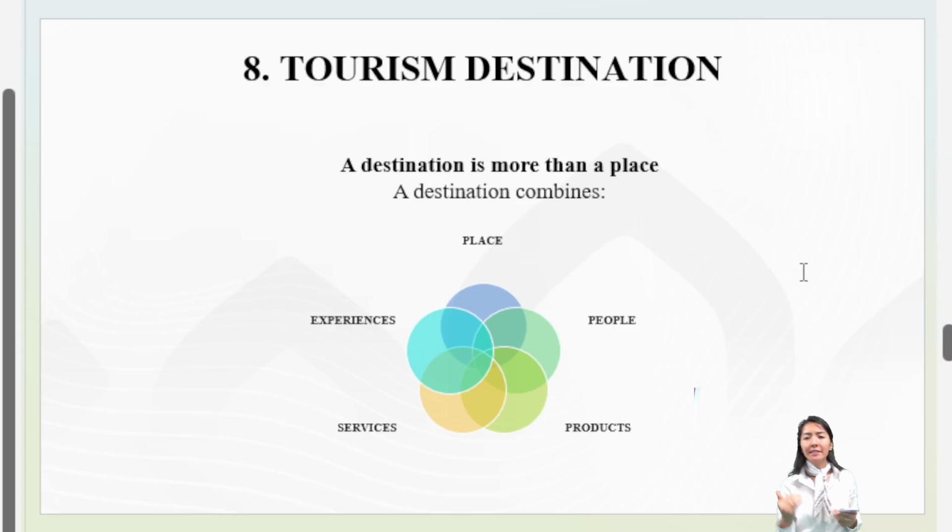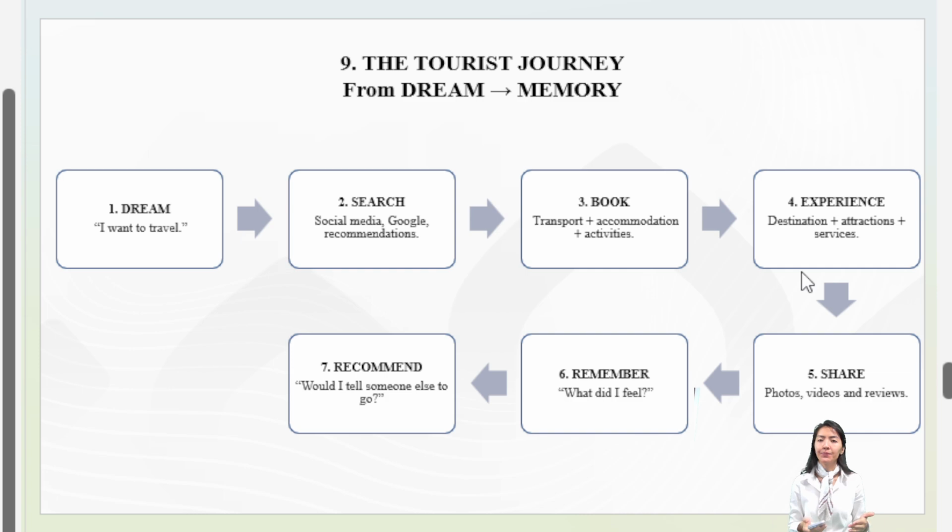A destination combines places, people, products, services, and also experiences all together. Then we get a proper destination, which is important to understand in general.